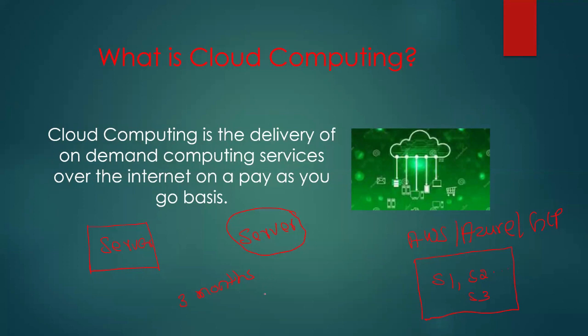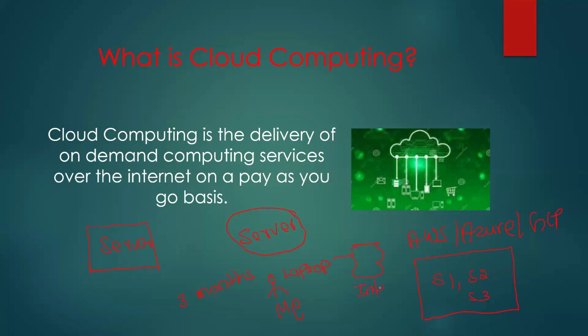Now, how do you use this server? Let's say this is me sitting in my office and I'm working on an IT project. In order to use this server, I will be using a computing device, let's say a laptop. Then I will be connecting to this particular server from my laptop over the internet.